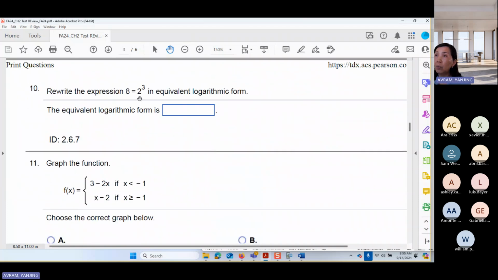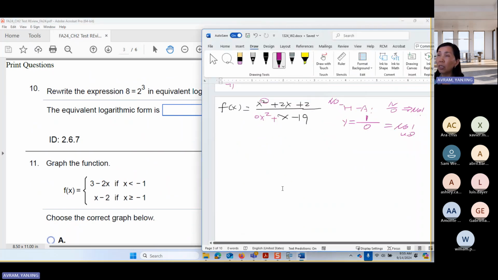Okay, rewrite the expression in equivalent logarithm form. All right, how do you rewrite this one as a logarithm? Number 10. If I have 2 to the q equal to a, what is my logarithm?